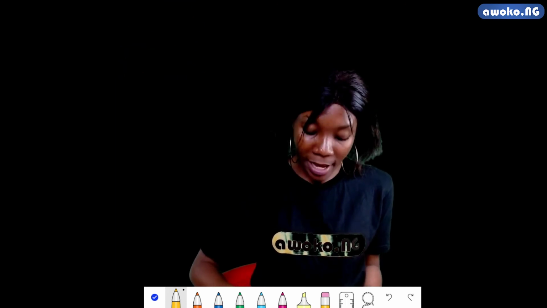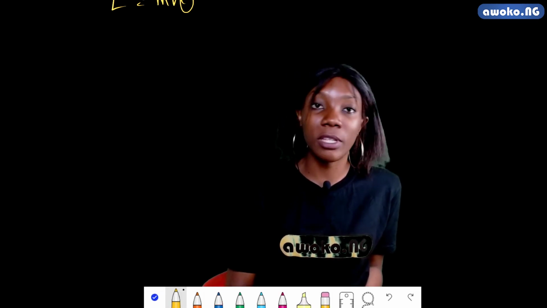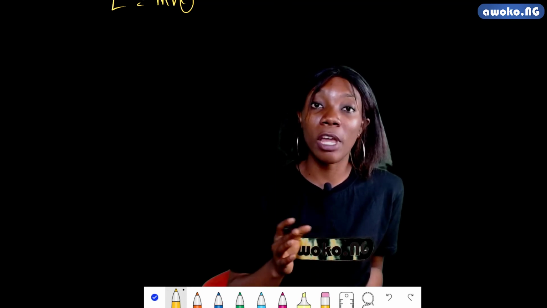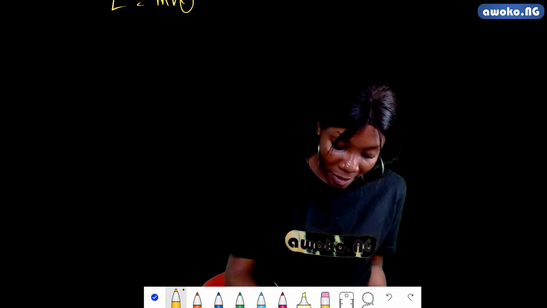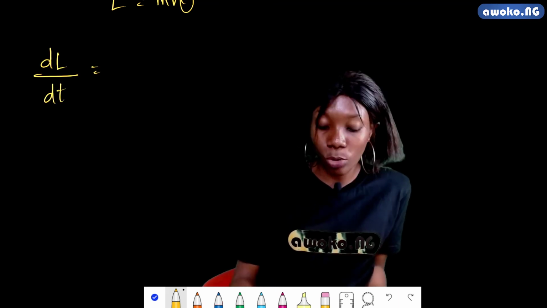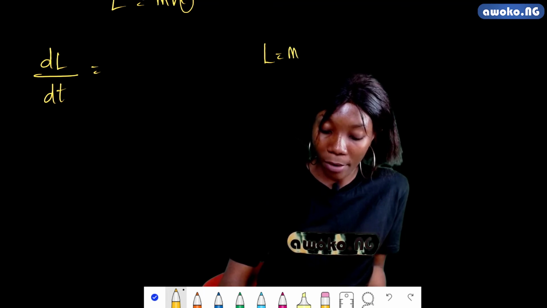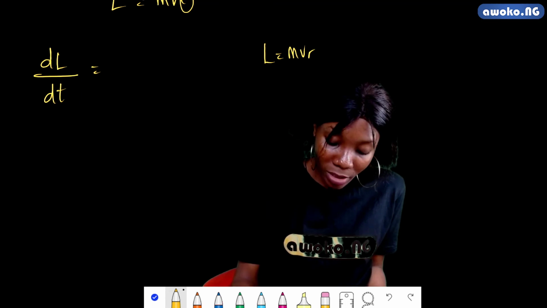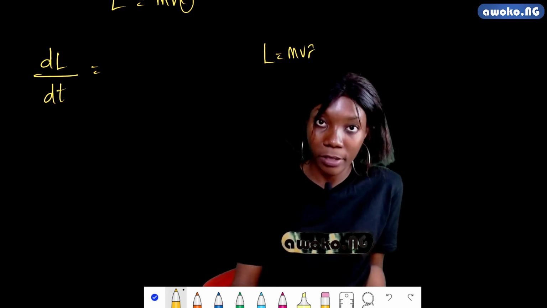So if we take the time derivative of angular momentum L, using the rule for the derivative of a product, note that L equals r cross mv, right? So we're going to take the time derivative of r first.